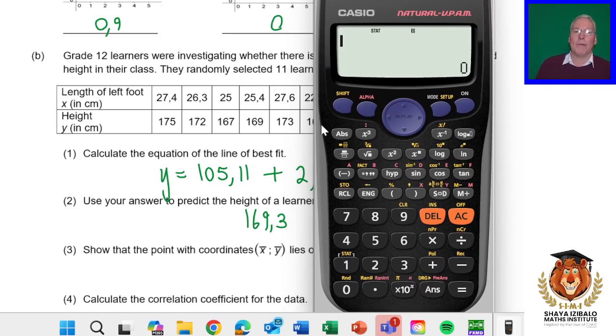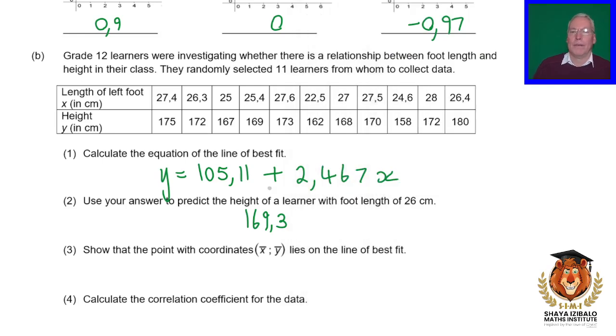We can do that from our calculator. Shift stat, we're not going into the regression, we're going into the variables about our data, and let's get the mean of the X's. And it's 26.1545. So 26.155. X bar is 26.155.